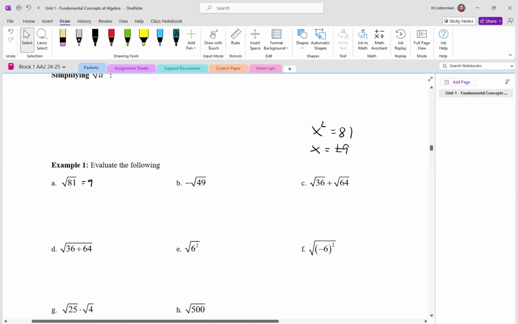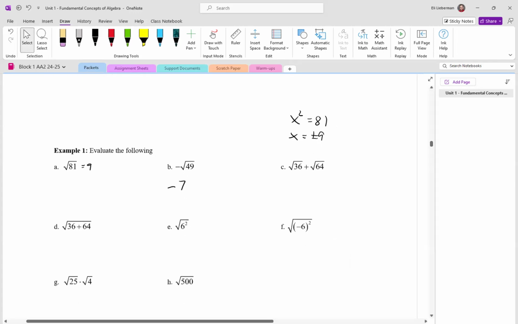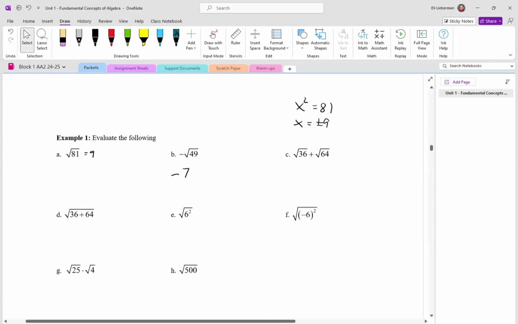For B, any idea what that is? That one is negative 7. It's kind of order of operations there. I'm going to let you go from C through H. So I'll let you do the rest and see how it goes.